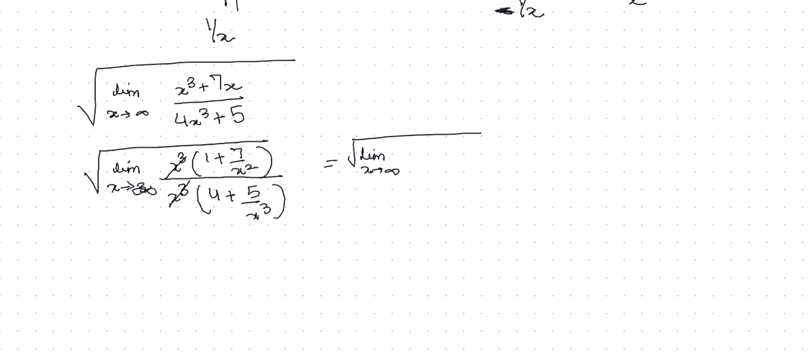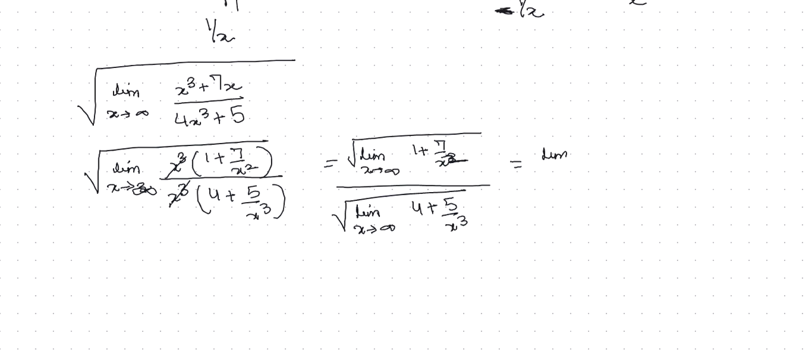This gives 1 over 7x squared, and this gives... so we know that limit x tends to infinity, limit x tends to infinity 7 by x squared.